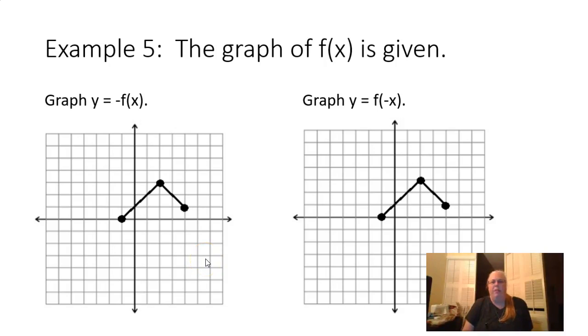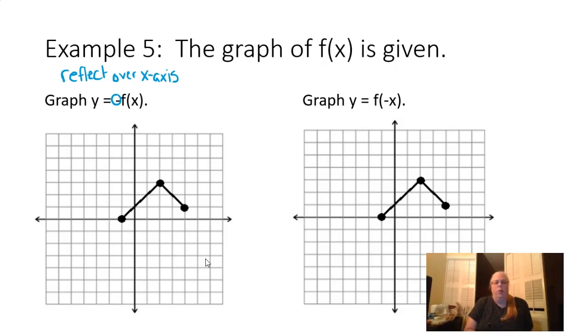Example 5. The graph of f of x is given. We're going to graph y is equal to negative f of x. When the negative is out here outside the function, this is a reflection over the x-axis. And so what I'm going to do is look at each one of these points and plot its mirror reflection down here underneath the x-axis.